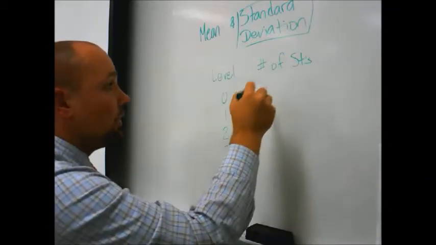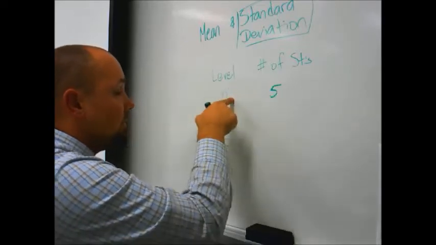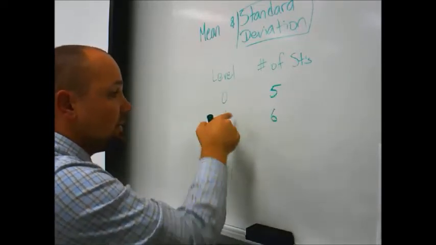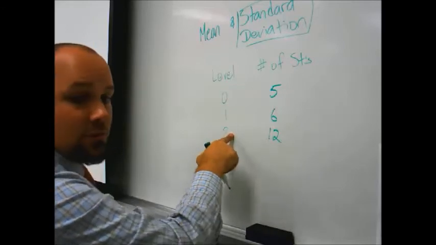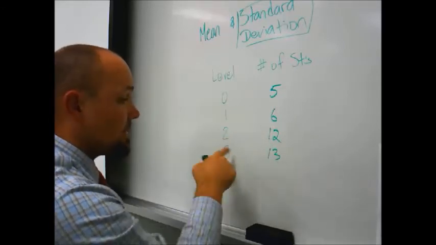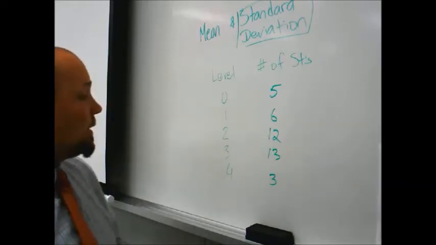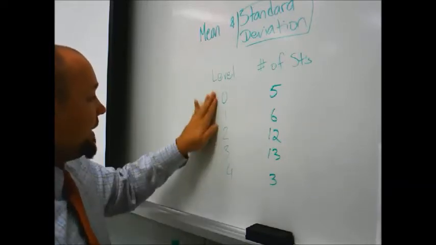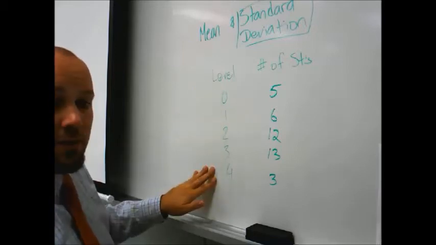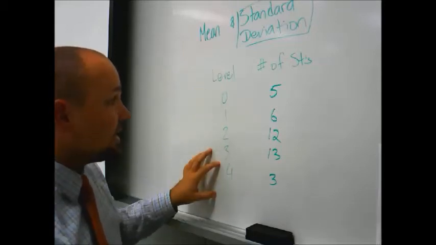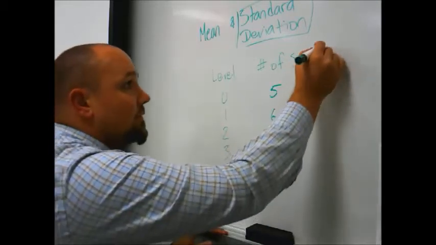So for example, we could have 5 students at level 0, 6 students at level 1, 12 students at level 2, 13 students at level 3, and 3 students at level 4. So we'll call this the actual entry, that's what the level is, and we'll call this the frequency.